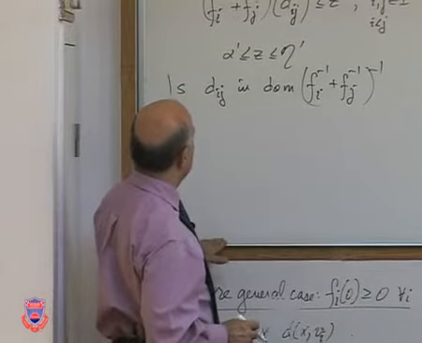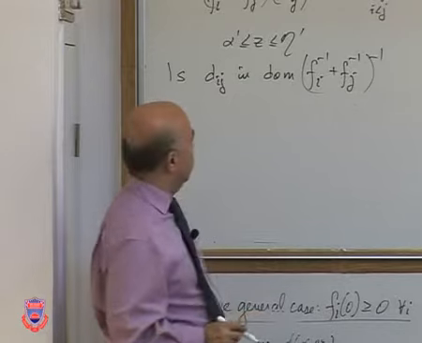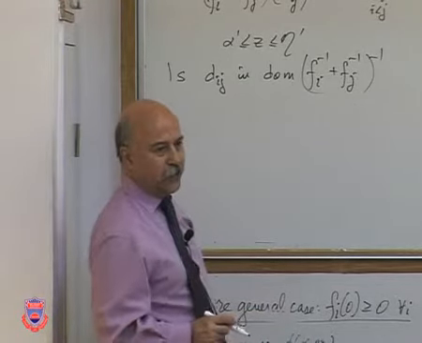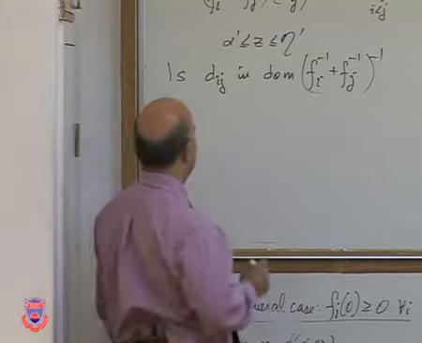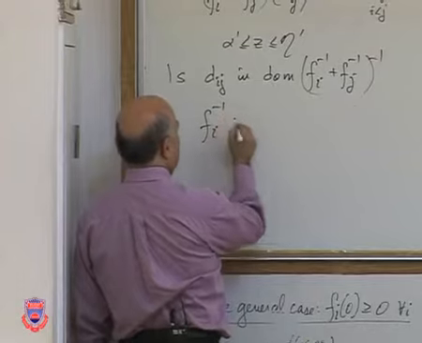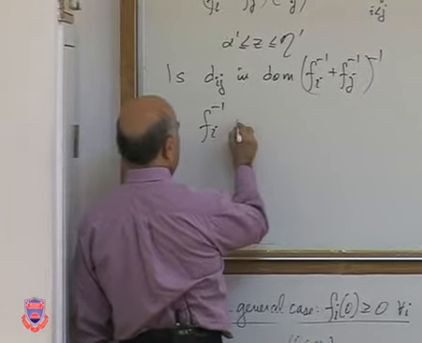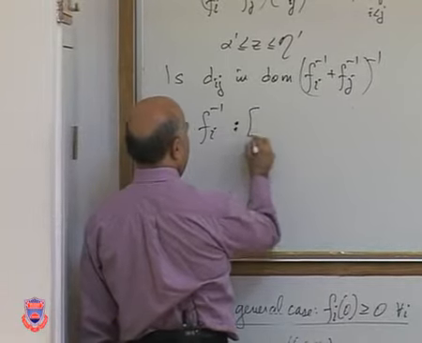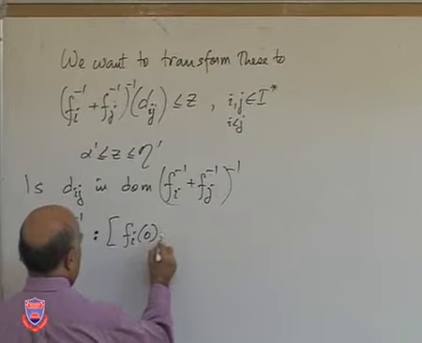Okay. So at any rate, is Dij in the domain of this function? What's the domain of this function? I have no idea. We have to figure it out. Okay? What's the domain of Fi inverse? What was it? Fi0, Fi delta i.